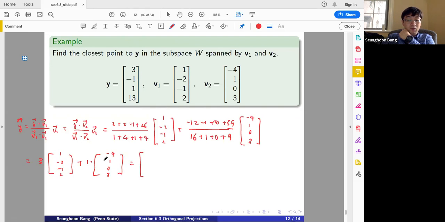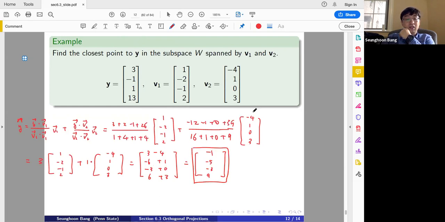And add it. What's that? 3 minus 4, negative 6 plus 1, negative 3 plus 0, 6 plus 3. The final answer is (minus 1, negative 5, negative 3, 9). We have this answer. This is the closest point to y in the subspace W.